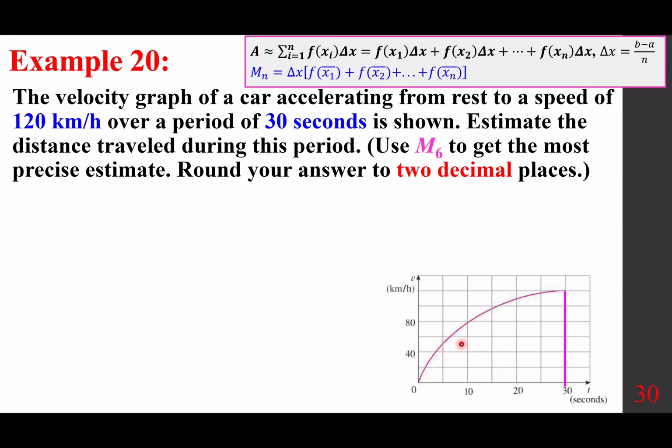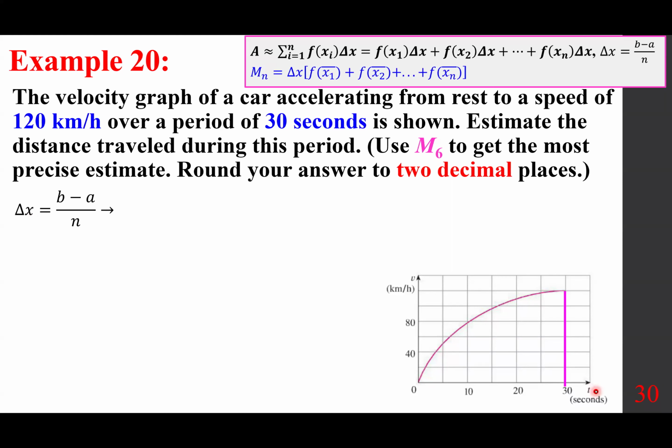They want us to approximate it by cutting it into n = 6 equal parts, which means delta x is (b minus a) over n. And since this is t, we are going to call it delta t. Remember, x is the independent variable, a dummy variable, but more specifically here it is t.